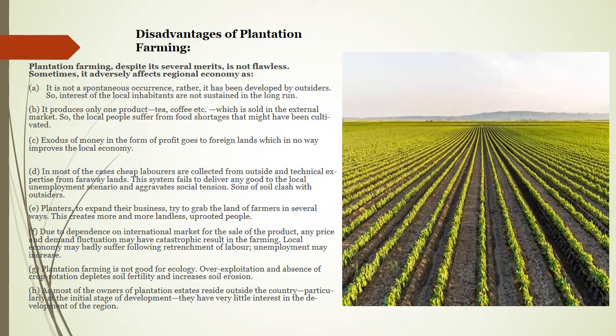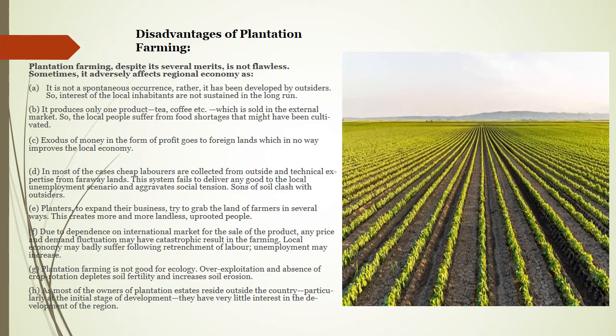Planters, to expand their business, try to grab the land of farmers in several ways. This creates more and more landless, uprooted people. So, the big investors, the big planters, grab the land from the farmers, and because of this, many of the farmers are landless. Due to the dependence on the international market for sale of the product, any price and demand fluctuation may have catastrophic results in the farming.